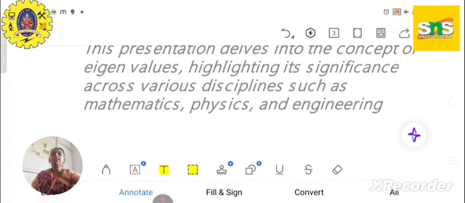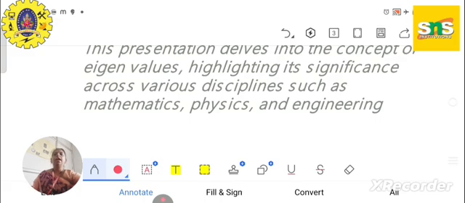So this presentation dives into the concept of eigenvalues. Eigenvalue highlights its significance across various disciplines such as mathematics, physics and engineering.